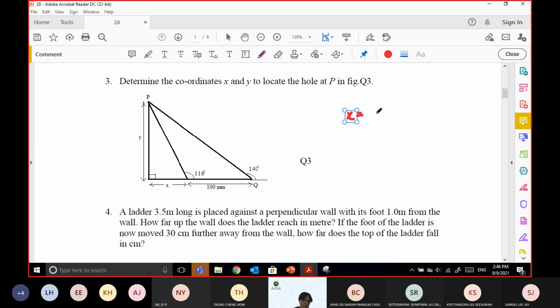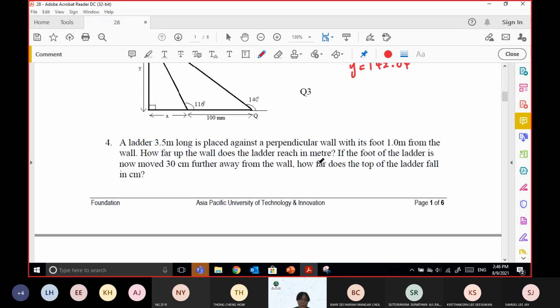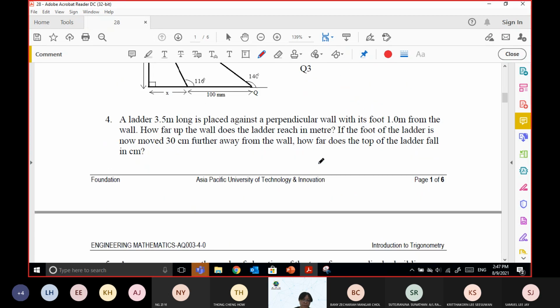If you're already done, then you can check. For this one, X is 69.28. You can check your answer right now. Maybe if we don't have time, we can focus on those that you have doubt about. So this one.